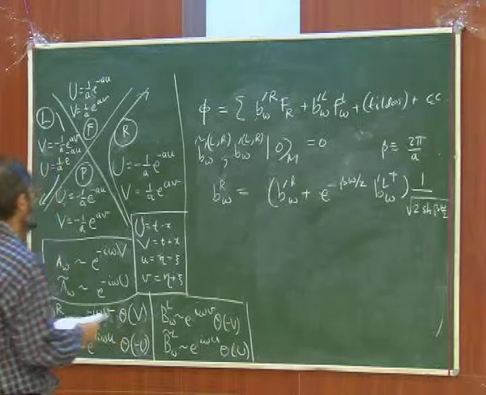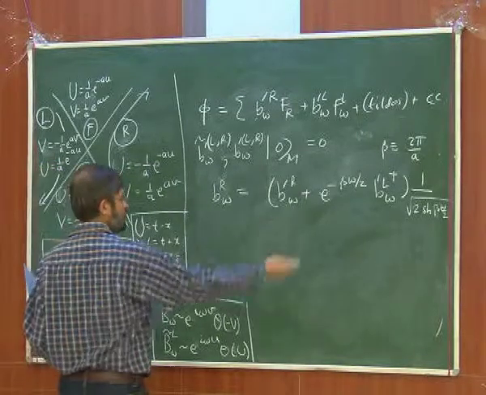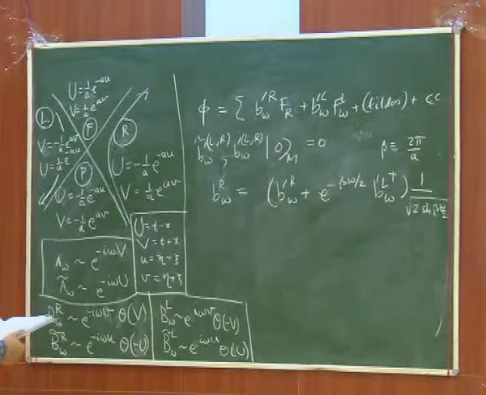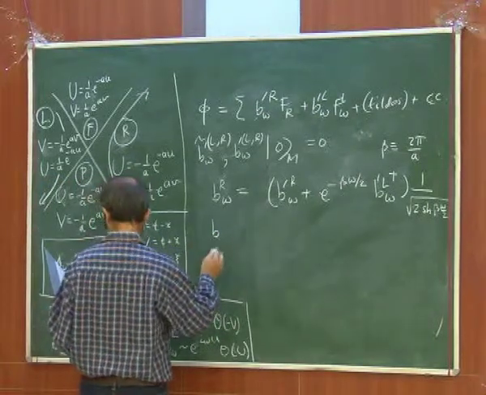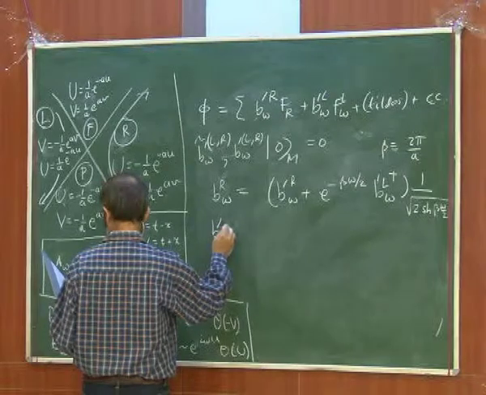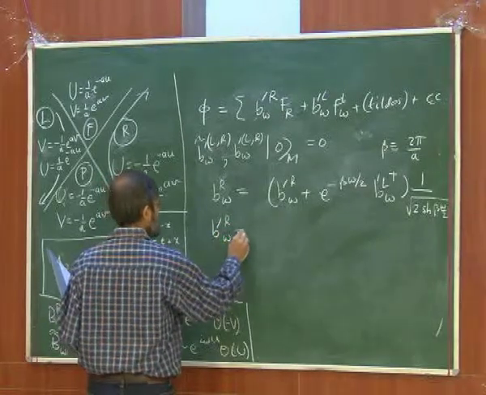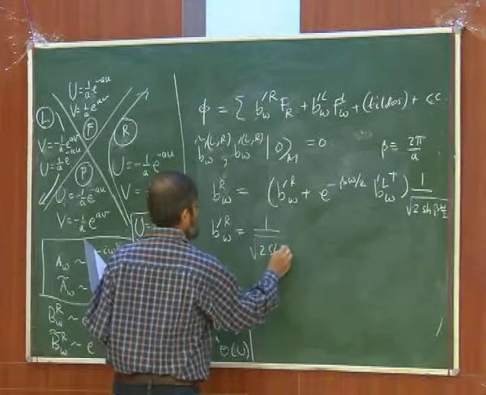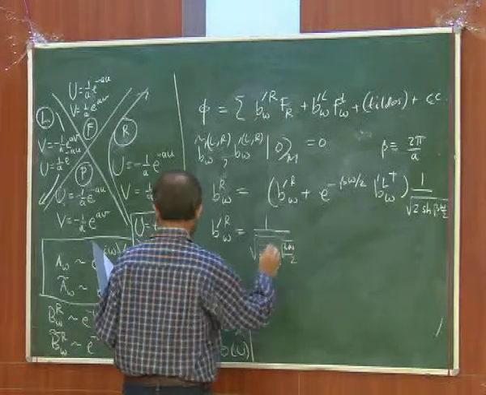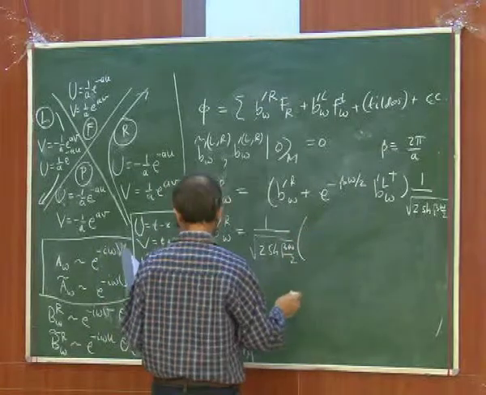If both have to satisfy the canonical commutation relations, then the inverse is that the B prime oscillators are given by these. These are all easy things to derive.